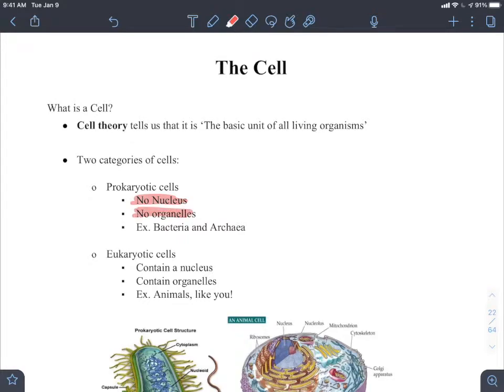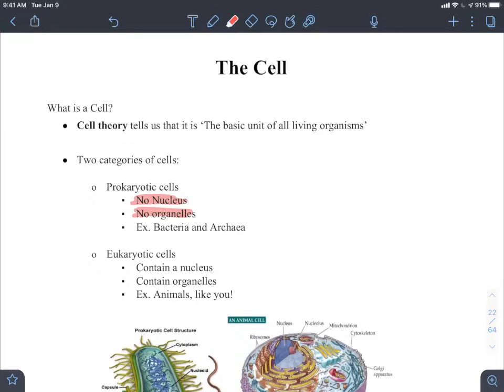These are the cells that we find in bacteria and archaea, two groups of life that account for a wide range of organisms in terms of how plentiful and present they are.